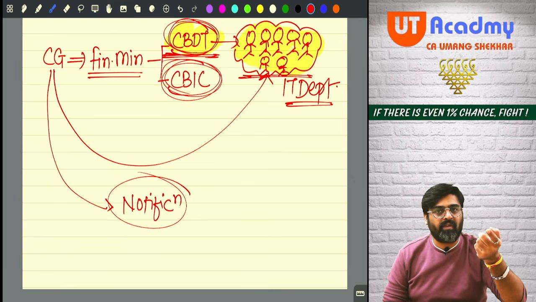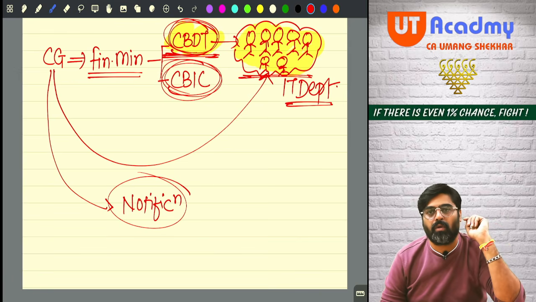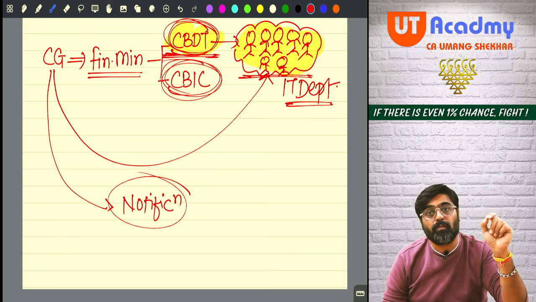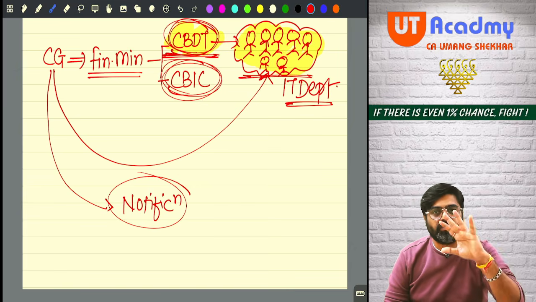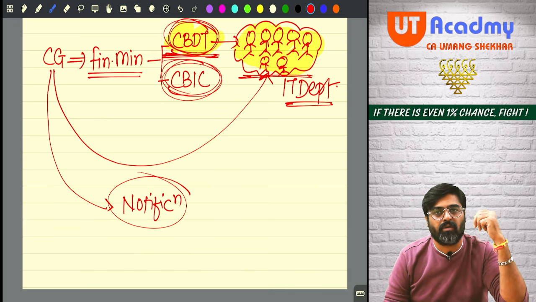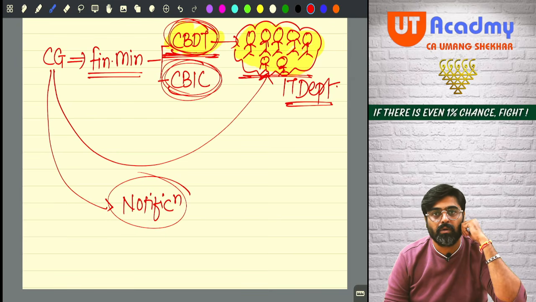Because if the notifications are not issued, then the provision cannot be followed. In order to give effect to the provision, there has to be a notification. Without the notification, this provision cannot be adhered to.